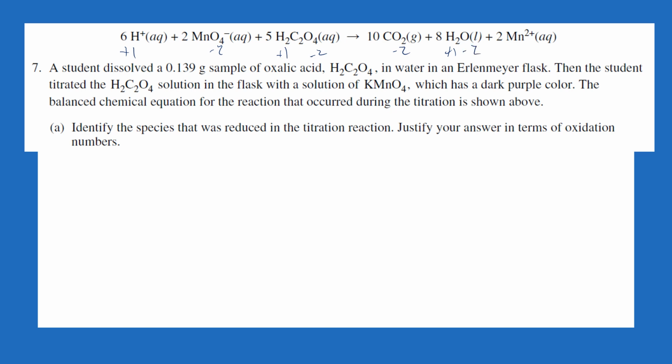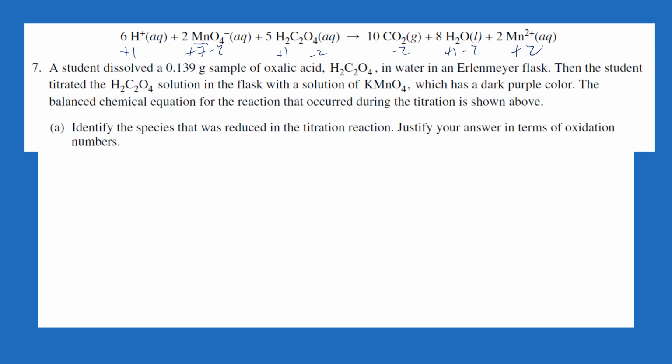So that means that this manganese must be +7 to cancel out the -8 from those 4 oxygens and still add up to -1 overall. You can ignore coefficients when you're doing oxidation numbers, but not the subscripts. And the manganese on this other side is +2 because it's the same as its charge when it's a monatomic ion.